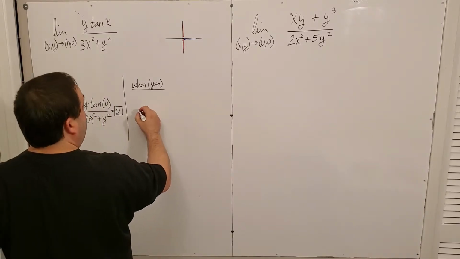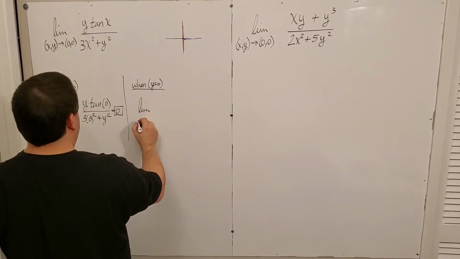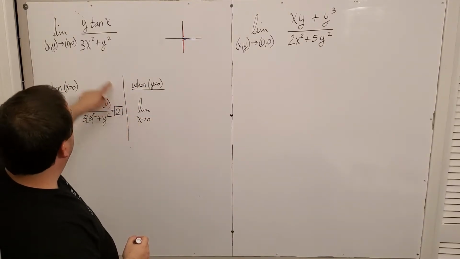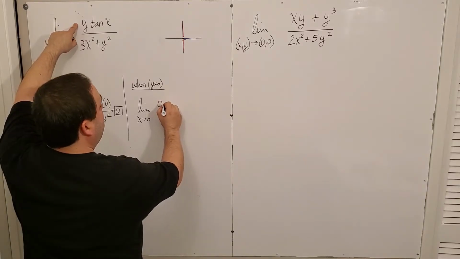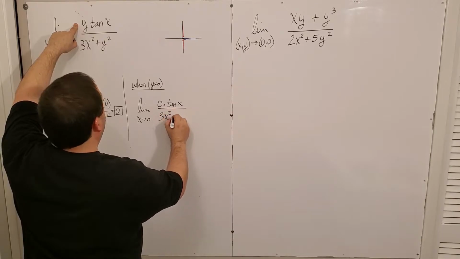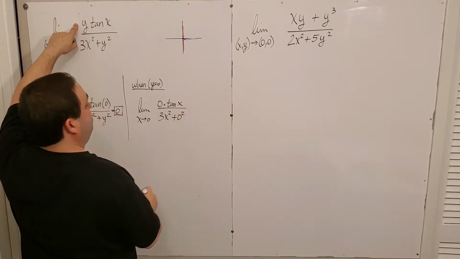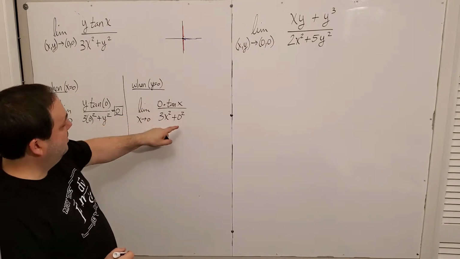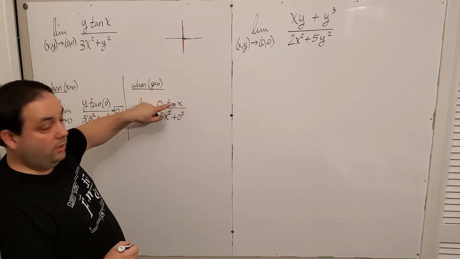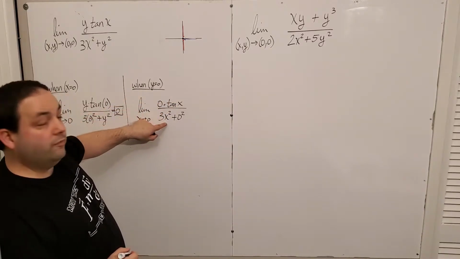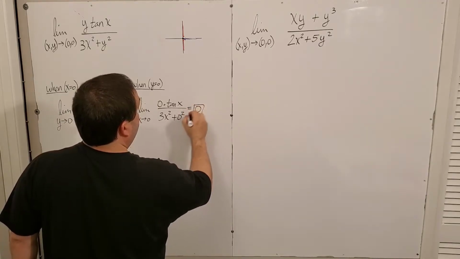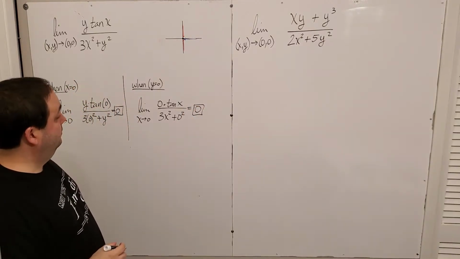Okay, so that's going to be the limit as x goes to 0, because y is already at 0, and it's going to be 0 times tangent of x over 3x squared plus 0 squared, because y is already 0, right? And again, I get 0 times, doesn't matter what the number is, it's going to be 0 over some number, right? I'm getting 0 as that goes along.